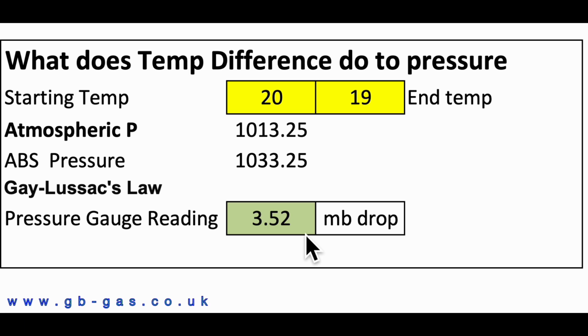So if the temperature's going up, that would be a 3.5 millibar rise. If the temperature's going down, that would be a 3.5 millibar drop. We could change this. Even 19.8, so a 0.2 degree difference, is going to make a difference of 0.7 millibar drop on your water gauge. So temperature stabilisation, we've always said in our teaching that 1 minute is a minimum time. We may need to let it stabilise longer.